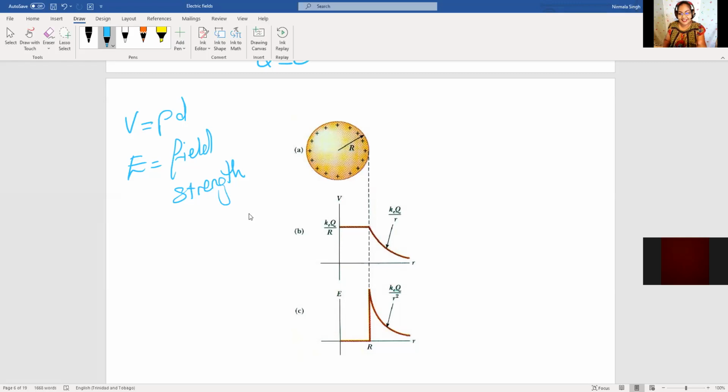So if I have an electrically charged sphere of radius r, I took this graph to start from your radius. All right, your radius here, which is r. If you look here at your graph, we have r. We're going to look at V, and we're going to look at E. In your sphere, your potential difference will be a constant. Why? What is potential difference?